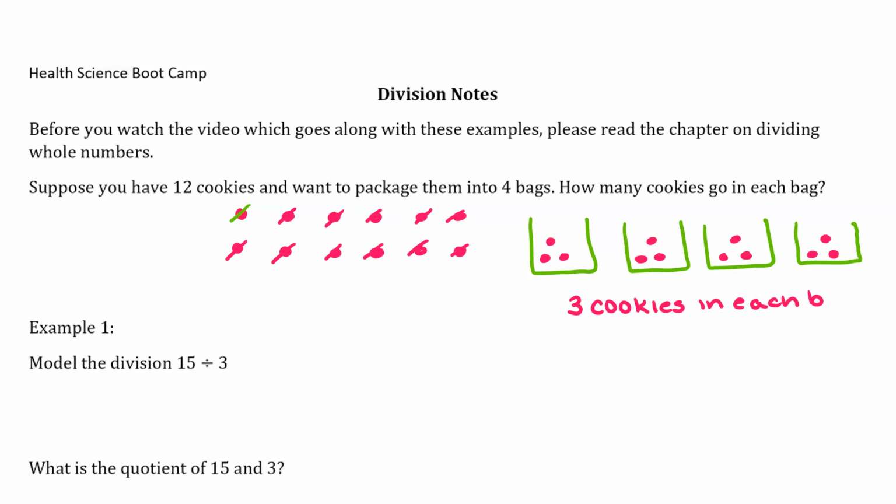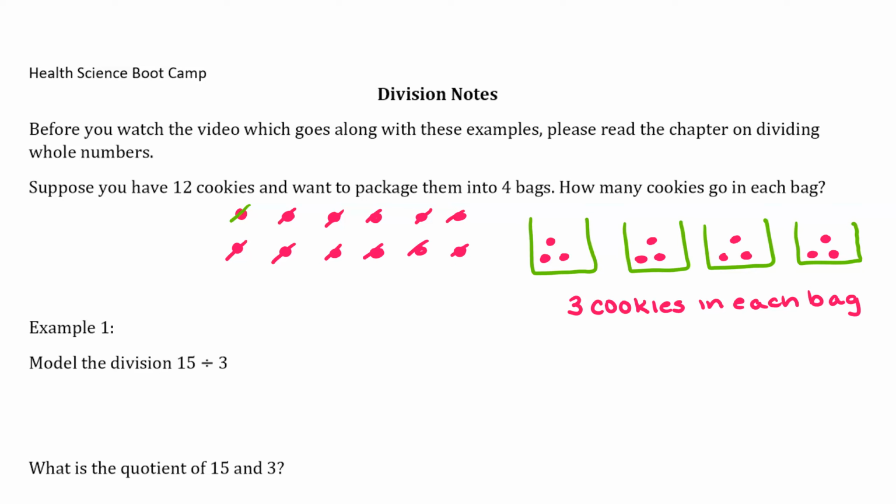Now think of the multiplication that we did in the multiplication notes for this course, right? If I had said, hey, I've got 4 bags with 3 cookies in each bag, then you would say, okay, I could figure out how many cookies you have total by multiplying.